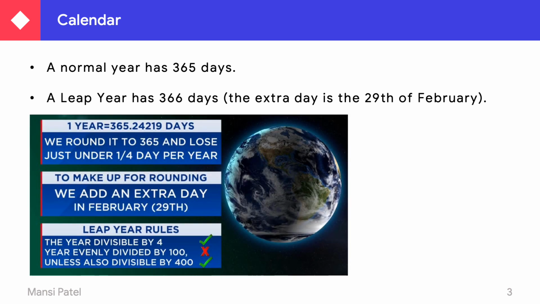As we know already, our earth rotates around the sun. When our earth rotates around the sun, our 1 year is complete. The earth takes 365.24219 days. This is the 1/4 part.